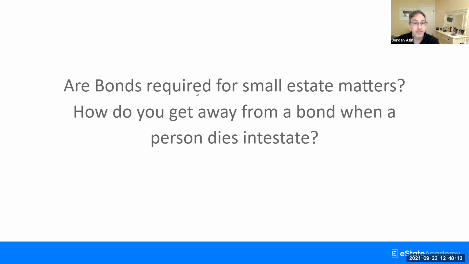The second thing is, how do we deal with bonds and dispensing with them? They're actually pretty easy, in my experience, to get rid of. If you show a court that, look, here are the intestate heirs, and they all consent to waiving the bond, and there aren't creditors. That's the key, right? It's not just that the beneficiaries are okay, but that there's not some major creditor.